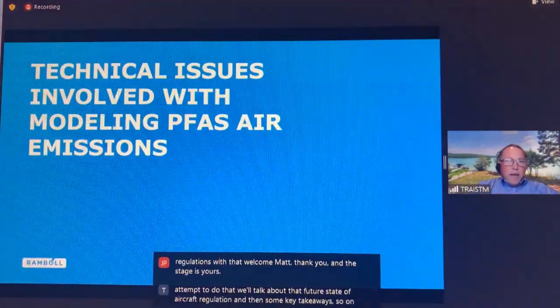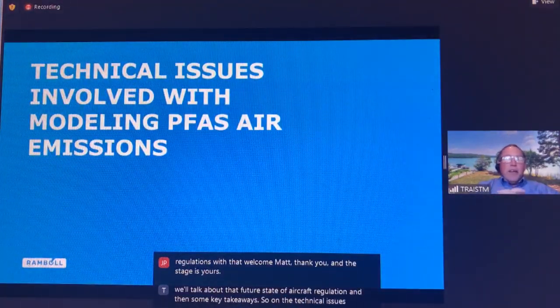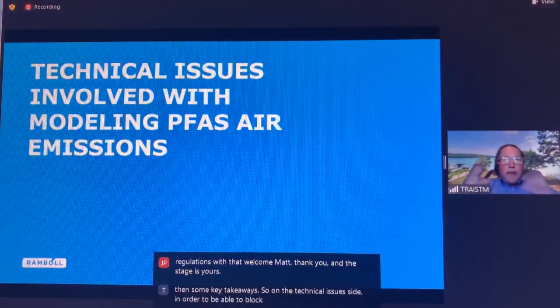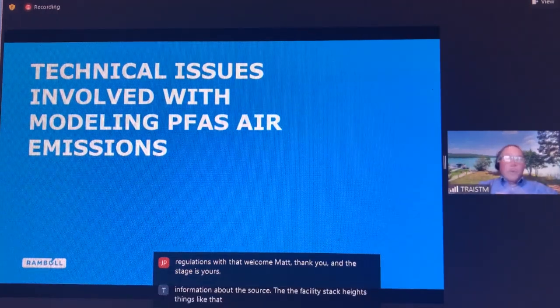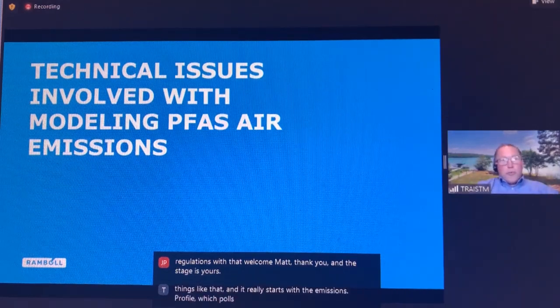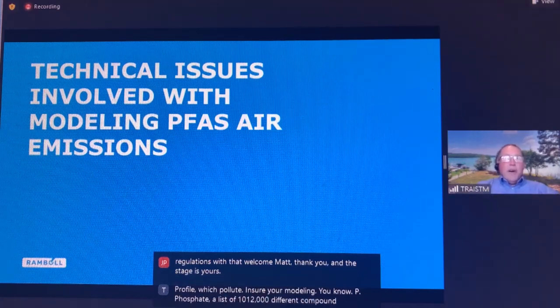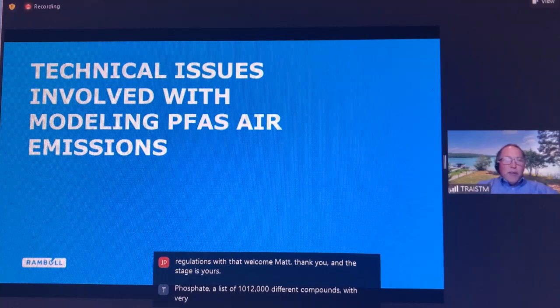So on the technical issues side, in order to be able to model, you obviously have to have information about the source, the facility, stack heights, things like that. And it really starts with the emissions profile, which pollutants you're modeling, PFAS being a list of 10, 12,000 different compounds with very different physiochemical properties.